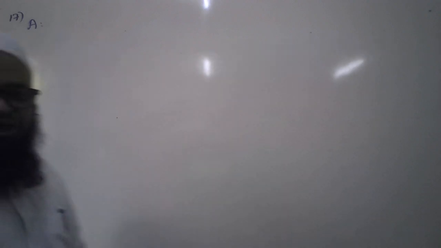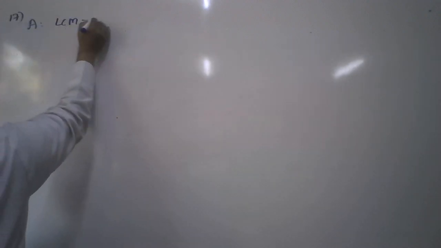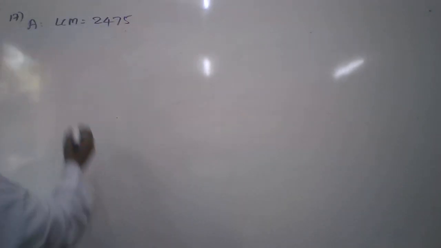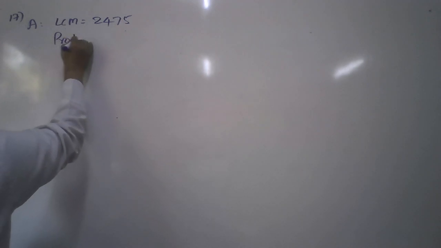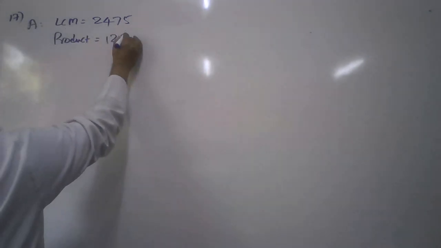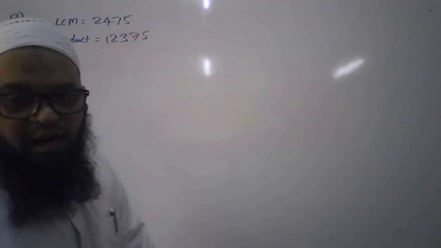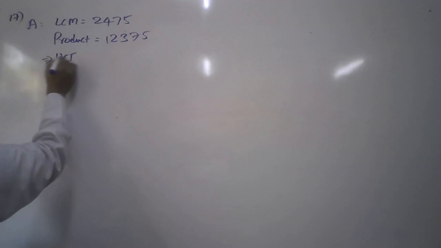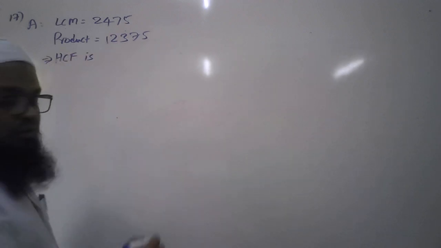Another problem of assertion and reasoning, the 17th problem. So what is the assertion given? Assertion is given that LCM of two numbers is 2475 and product of numbers is 12,375, and their HCF is 5.